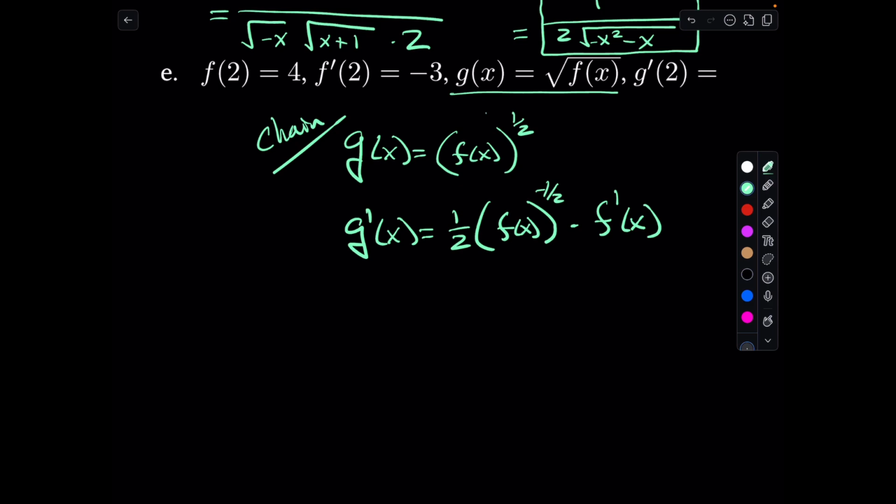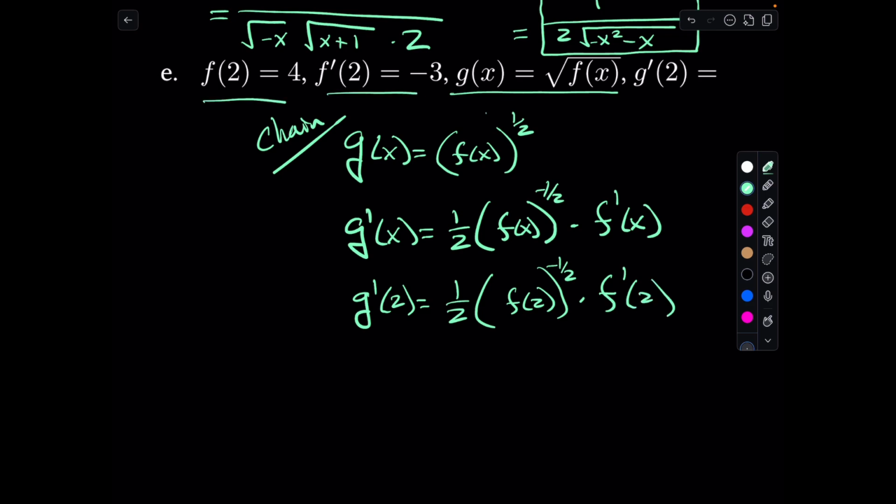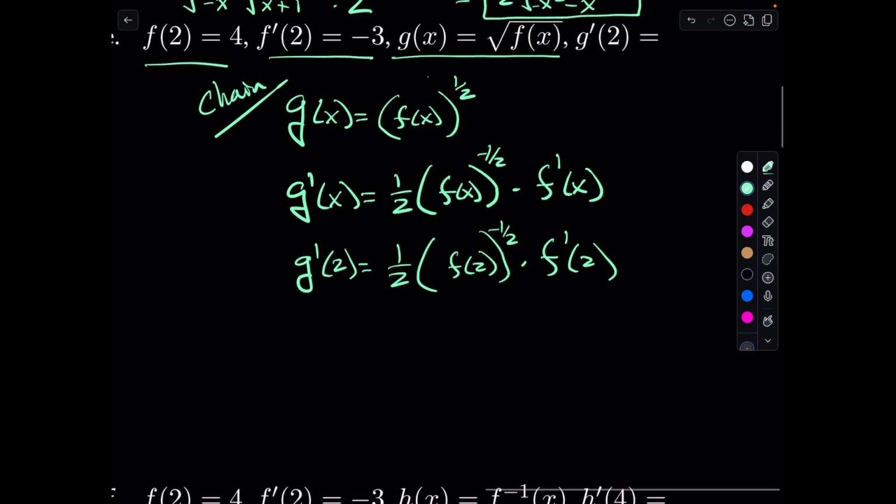And then we're just supposed to figure out what g prime of 2 is. So g prime of 2 will be 1/2 of f of 2 to the negative 1/2 power times f prime of 2. It says here f of 2 is 4 and f prime of 2 is negative 3.